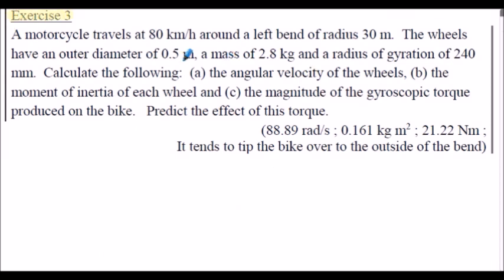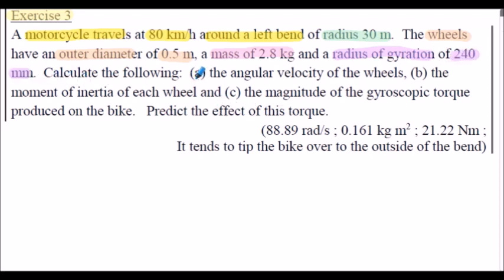Exercise 3. A motorcycle travels at 80 kilometers an hour around a left bend of radius 30 meters. The motorcycle's wheels have an outer diameter of 0.5 meters, a mass of 2.8 kilograms, and a radius of gyration of 240 millimeters.